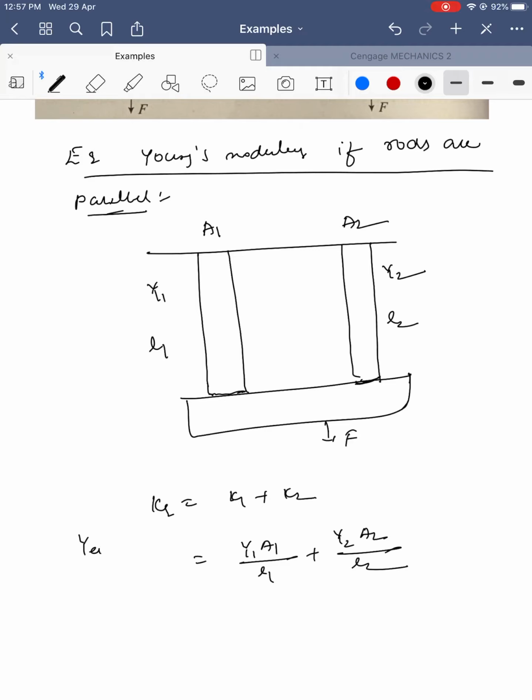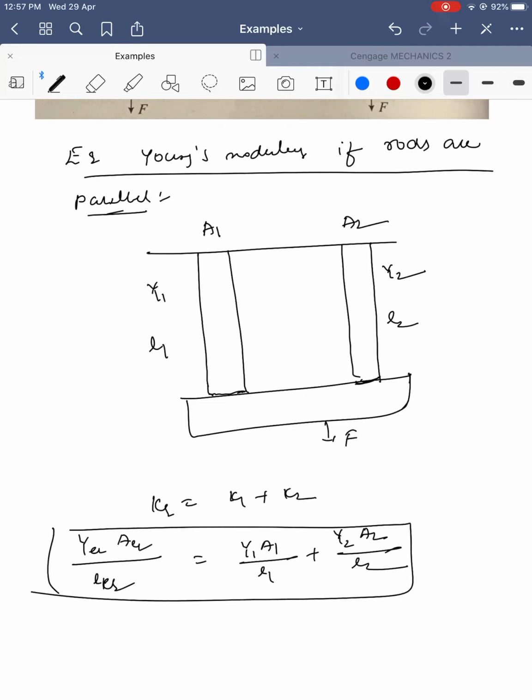K equivalent is Y equivalent into A equivalent by L equivalent. In series, if the rods are one over another, we averaged areas and we added lengths, so L equivalent is equal to L1 plus L2.